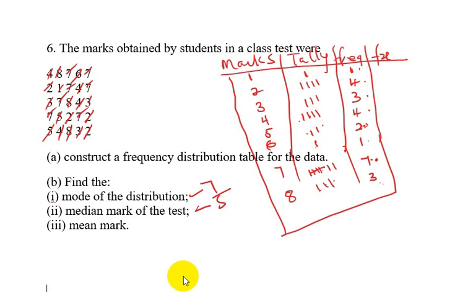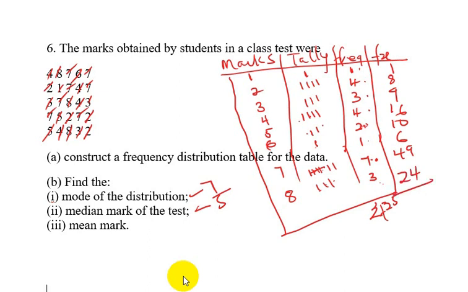Now the mean mark, we know that sigma f is 25. So we'll find sigma fx. So we'll multiply. 1 times 1 is 1. 4 times 2 is 8. 3 times 3 is 9. 4 times 4 is 16. 5 times 2 is 10. 6 times 1 is 6. 7 times 7 is 49. And 3 times 8 is what? 24.